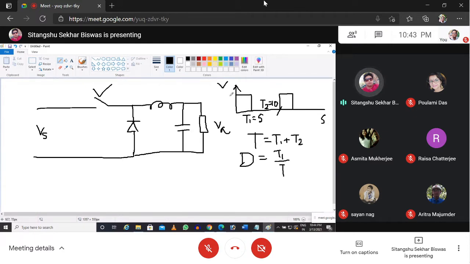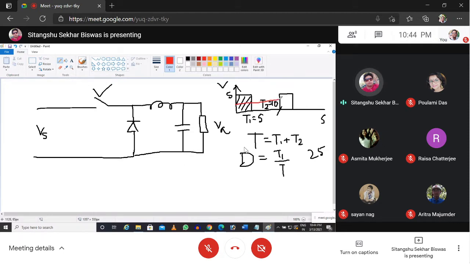Now this amplitude is, say, 5. So now this area is 25. Okay, this area is 25.